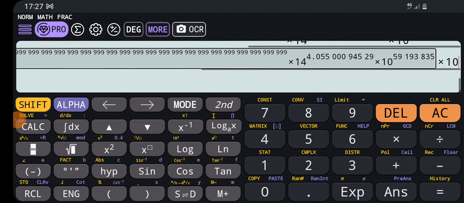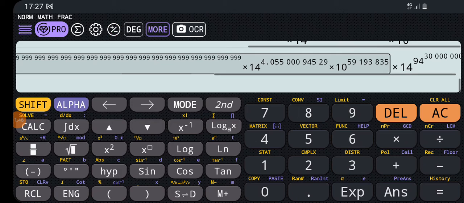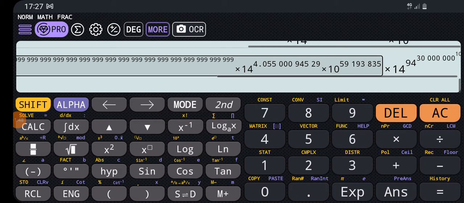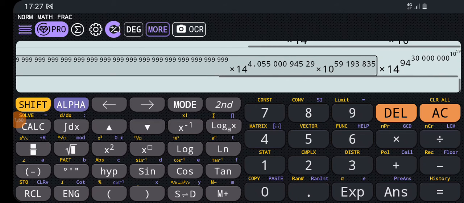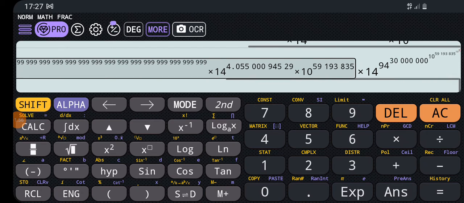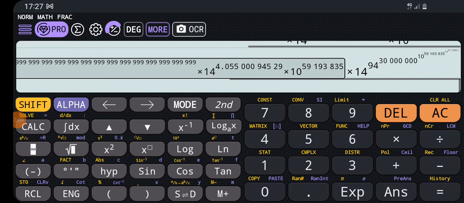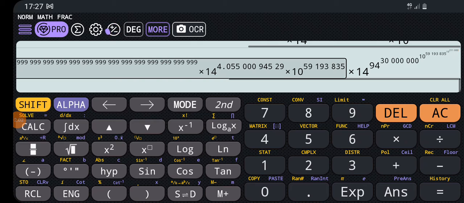If we multiply this and this by everything else, to 94 to the 30 million, and to the power of 10 to the power of 59,193,835, to the power of 10 to the power of 11, this is such a big number right here.